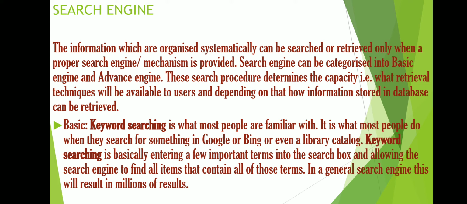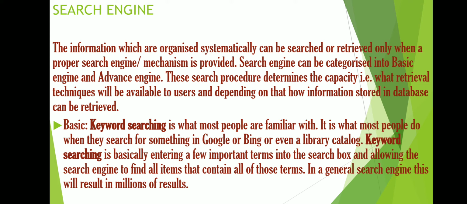You will get various search results, millions of results actually, which contain that keyword, that is paracetamol, which you have written into the space where you write the searching words in Google. So that is the basic method.